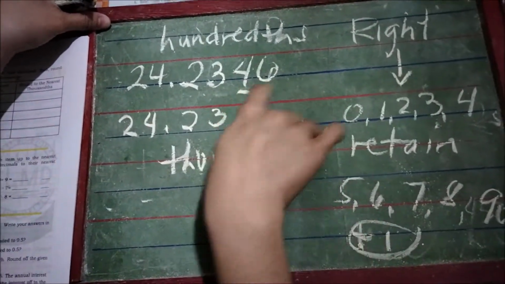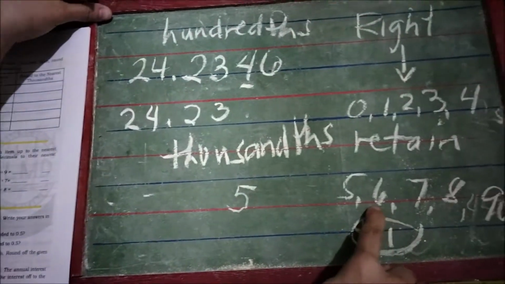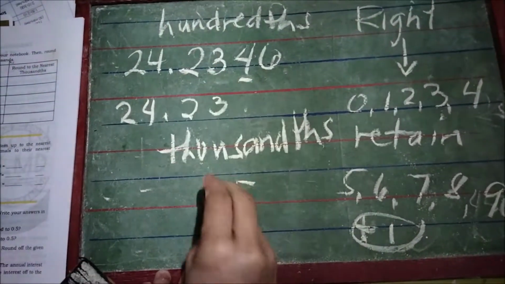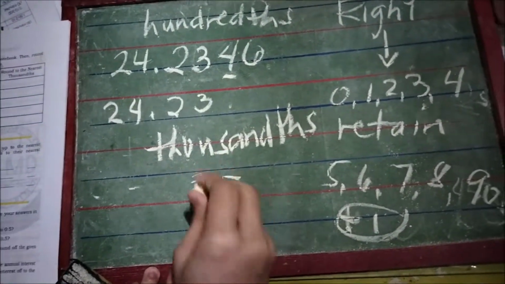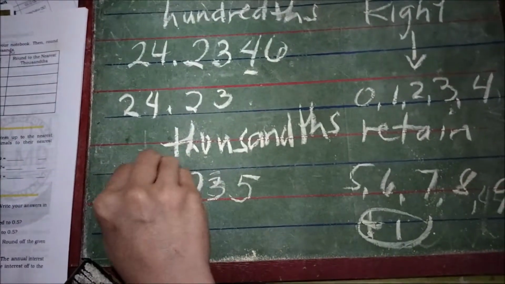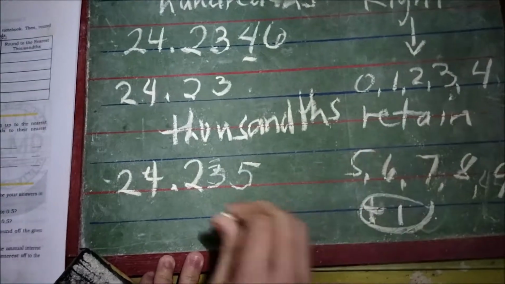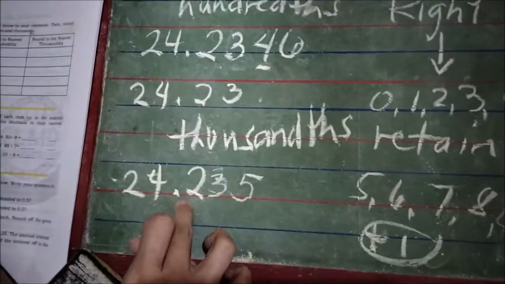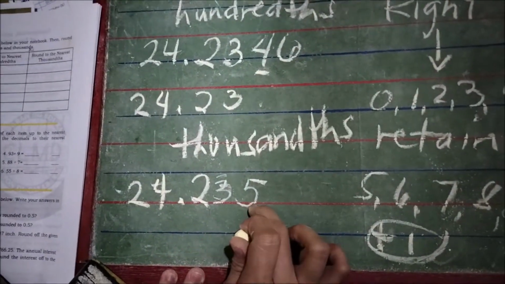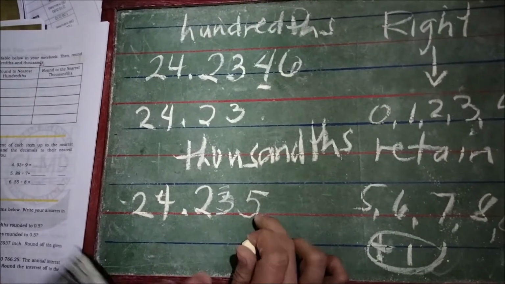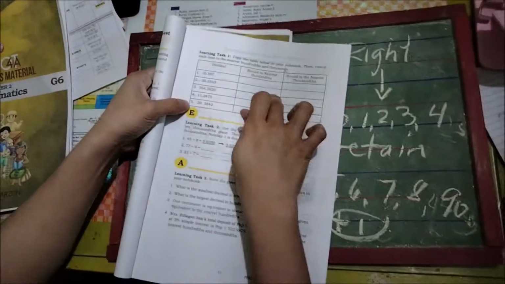Add 1 because the number on the right is 6. Copy the numbers on the left, then drop the numbers on the right. So your final answer is 24 and 235 thousandths. So that is for task 1.